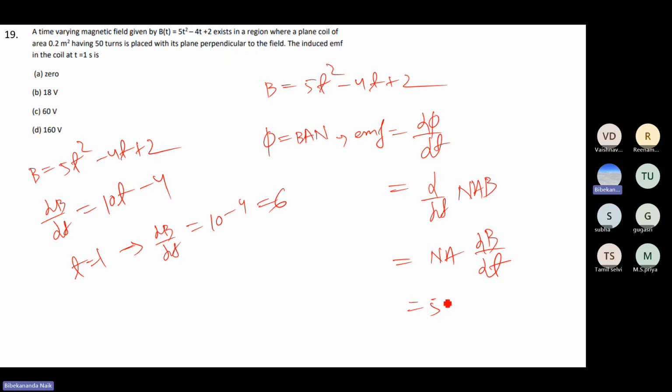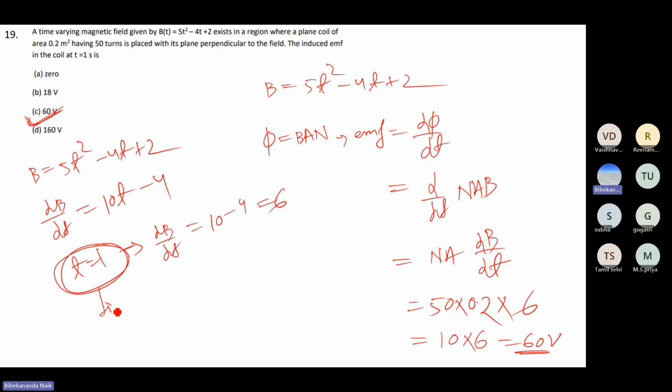So if you put here N is 50, number of turns is 50, area 0.2 meter square, dB by dt is 6. So 50 into 0.2 is 10, 10 into 6, 60 volt. So 60 volt is the induced EMF in the coil at time t equal to 1 second. Is this clear to all of you?